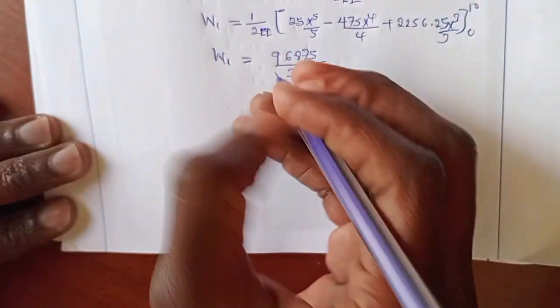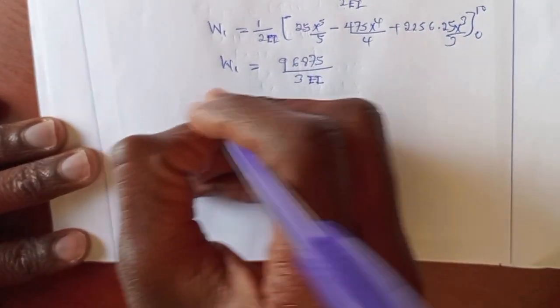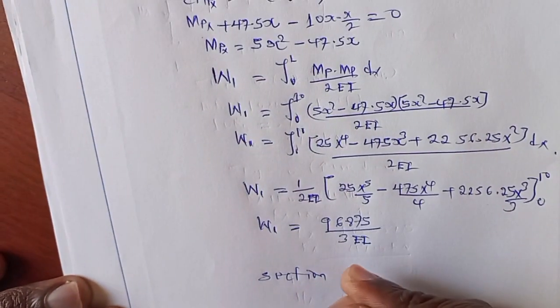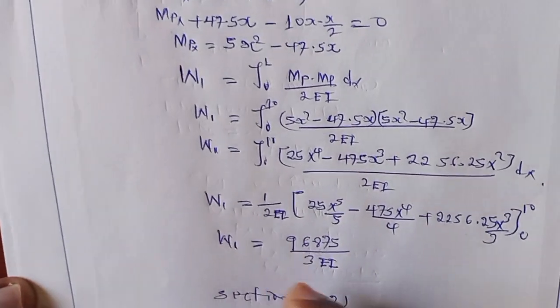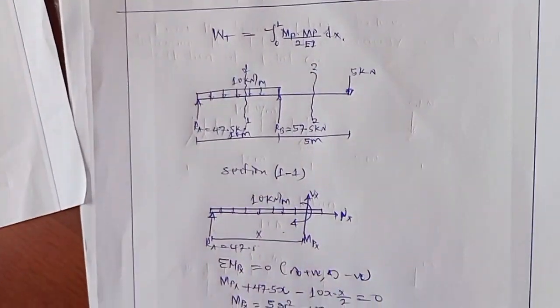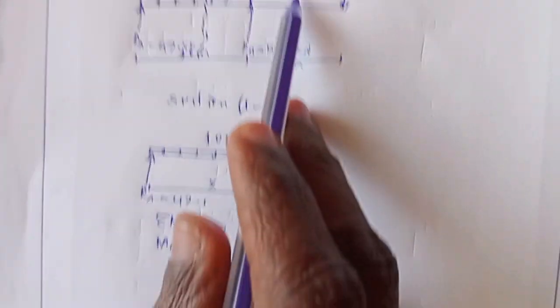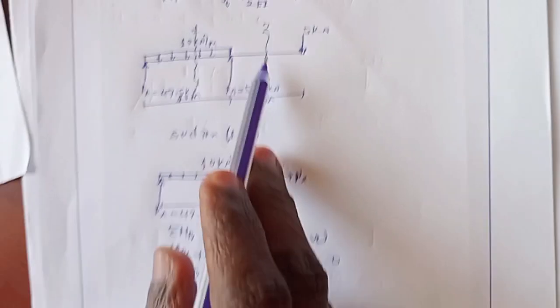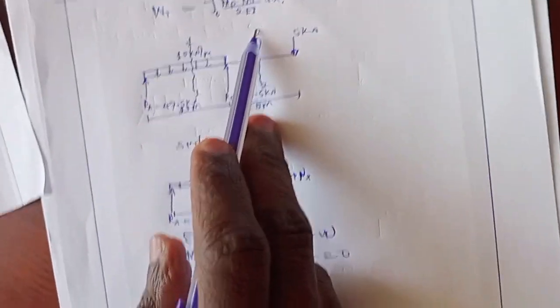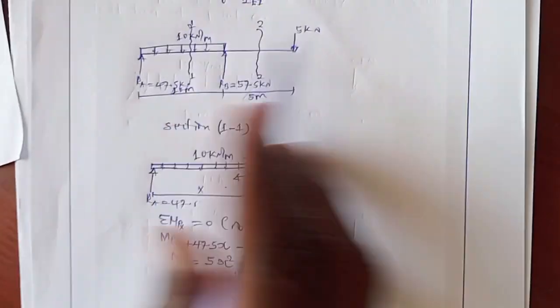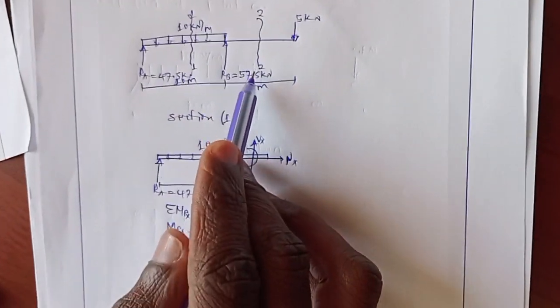Now let's consider section 2. To obtain section 2, you may take this region from this point to this point, or you may take the section to the left side of the beam after cutting section 2.